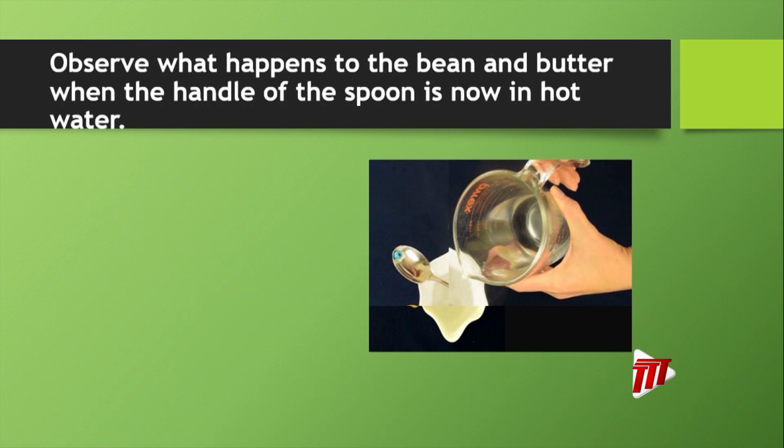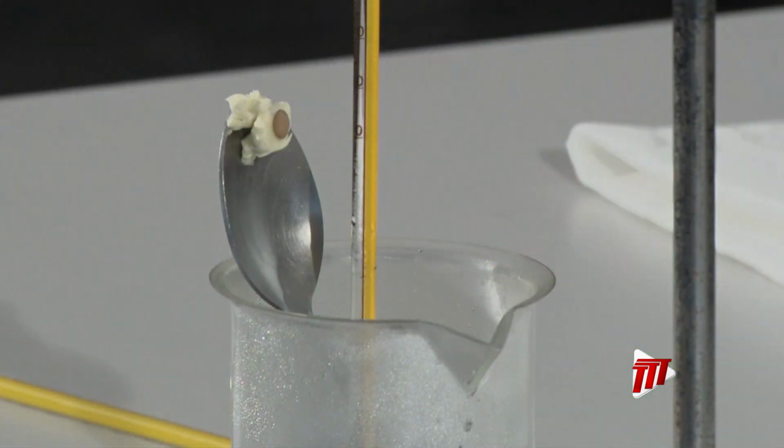And now again, as we did before, we observe for 5 minutes what changes take place, and then we compare it to what we got when we had the spoon with the butter and the bean in the tap water at 22 degrees Celsius.